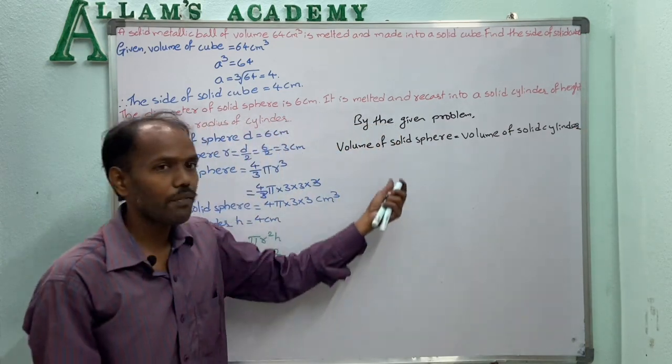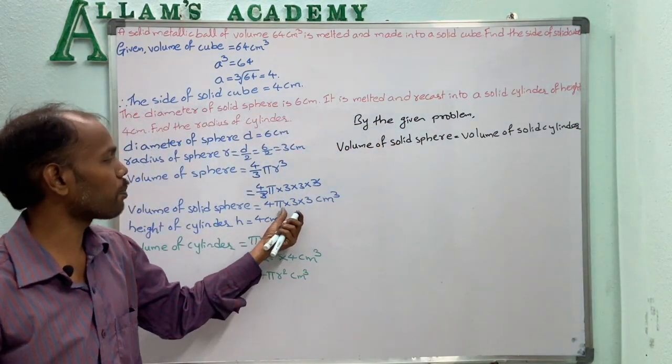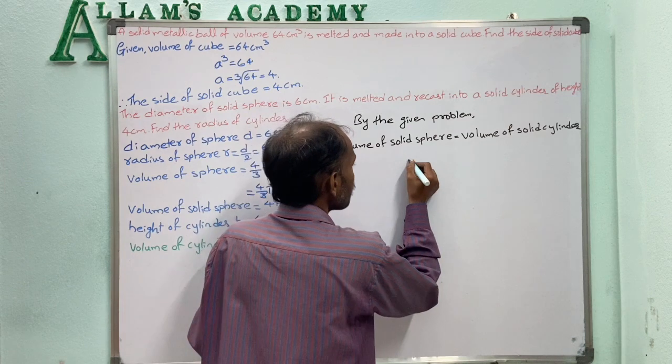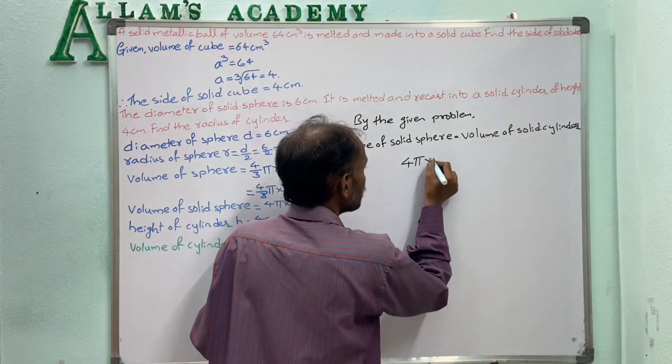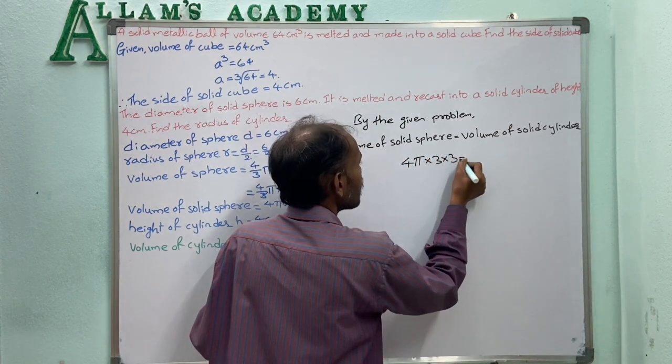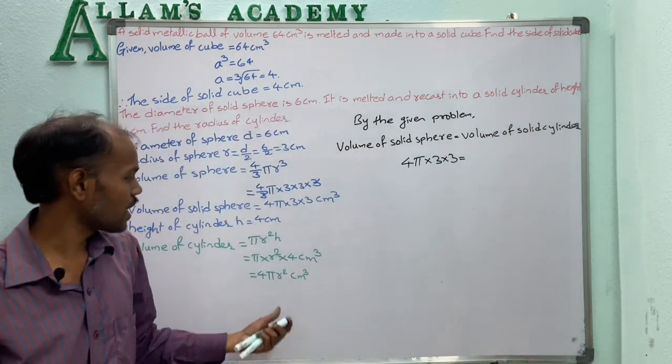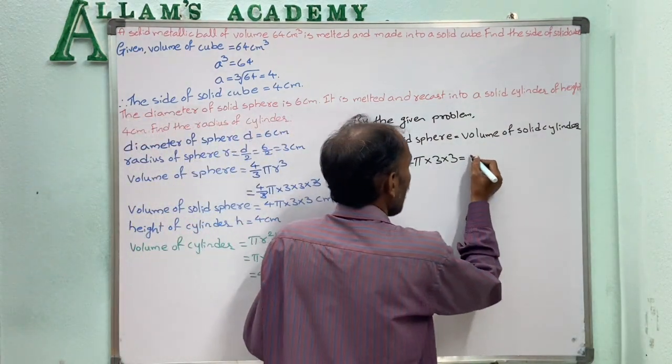So volume of sphere is nothing but 4 pi into 3 into 3. So 4 pi into 3 into 3 is equal to volume of cylinder, 4 pi r square.